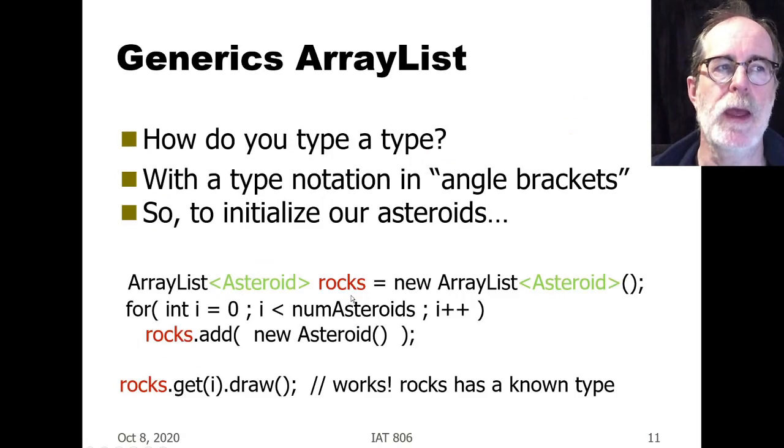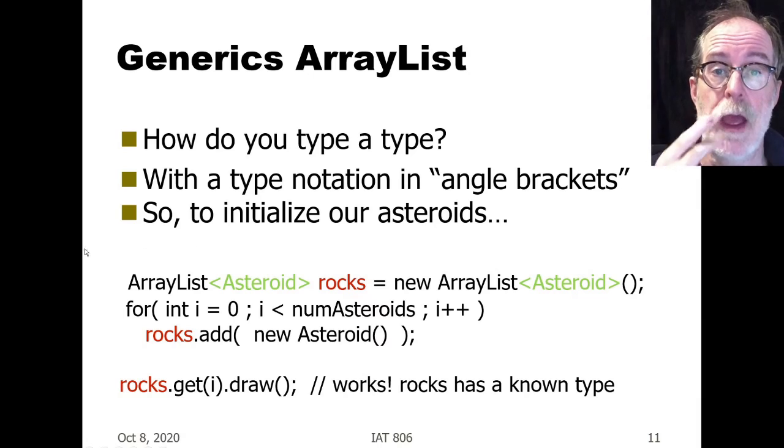Okay? So another way to go about doing this is to specify when you create the ArrayList what type it holds. That is to say, when we're creating a variable to hold an ArrayList of asteroids in our case, we need to say what the type of the variable is twice. The first time we need to set type is for ArrayList, and the second time is to say that it's an ArrayList of Asteroids.